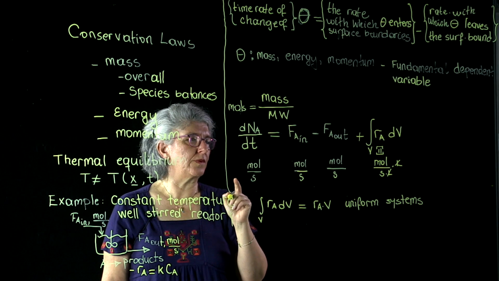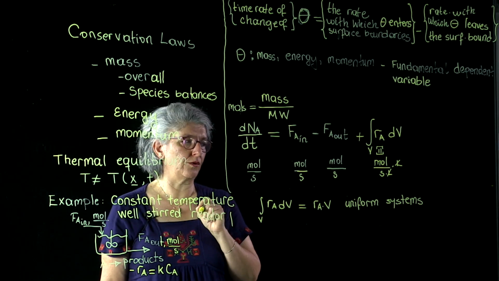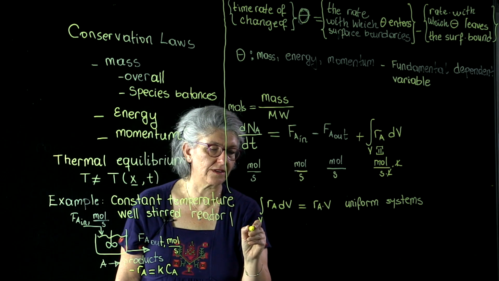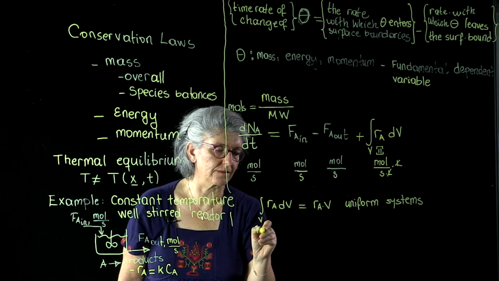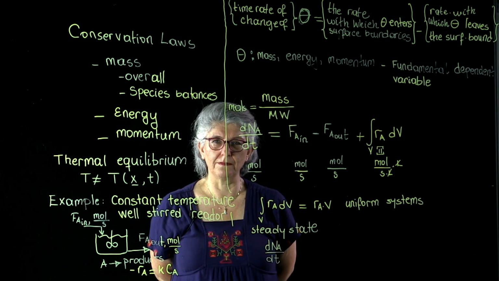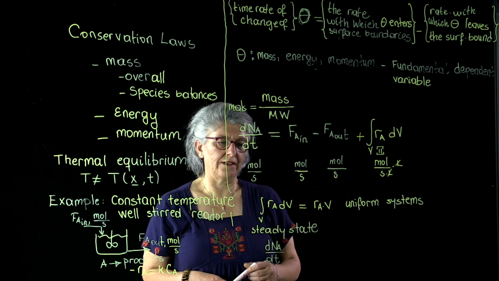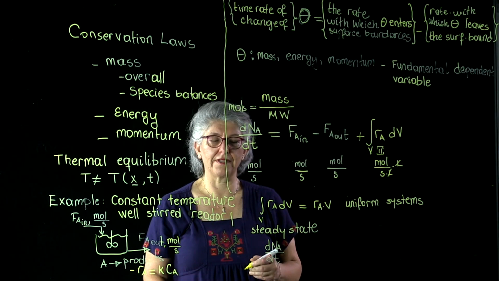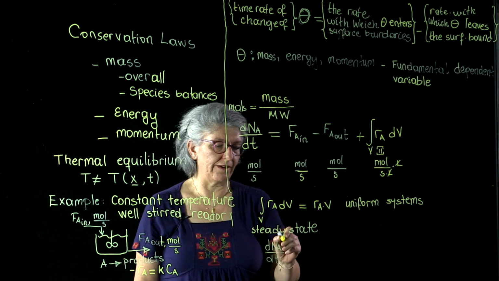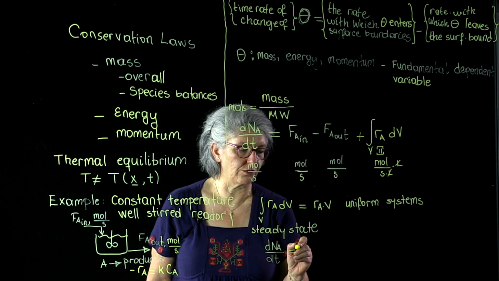I'm going to solve this problem twice. First time, I'm going to invoke the steady state condition. So I'm going to solve this problem in two different ways. The first solution will be the steady state solution, where we're going to render dNA over dt to be equal to 0.